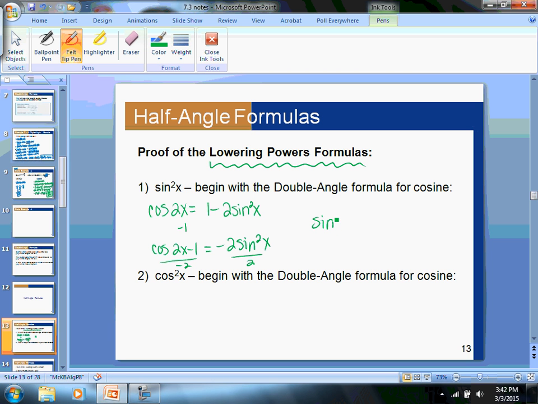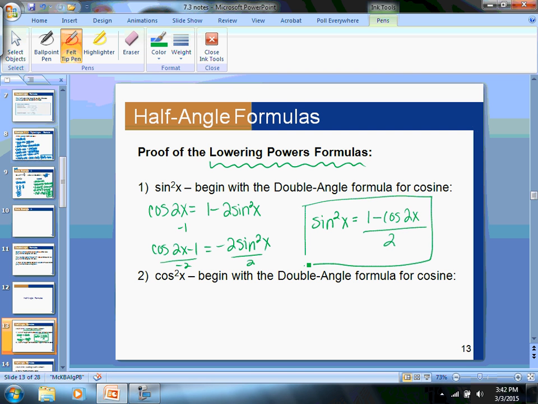So then I will have sine squared x equals, now it's going to be a negative cosine 2x over 2, and then a positive 1/2. So the way your book writes that is they put the positive term first. So they do 1 minus cosine 2x, and they put it all over 2. Okay, so now I have a formula that helps me get rid of that squared, that sine squared. But I have to use the double angle formula for cosine. So again, there's an interconnectivity between all these formulas.